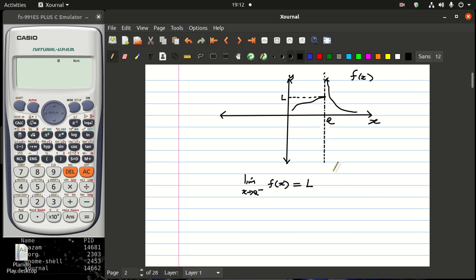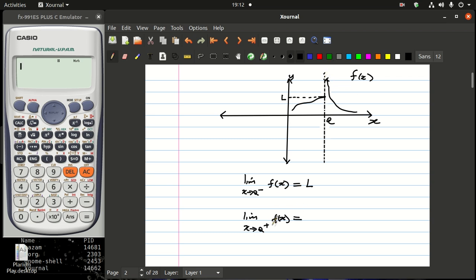But now, if I am looking at the limit as x approaches a on the right of this particular function, you'll find out that if I were to pick a value so close, because this function is increasing unboundedly, it keeps increasing as it gets closer and closer to this. So when I'm picking a value so close here, I will get a very big number, because it will keep continuing to increase, but it's not going to touch this.